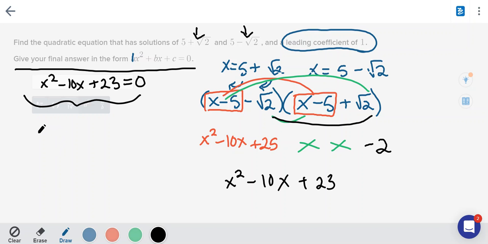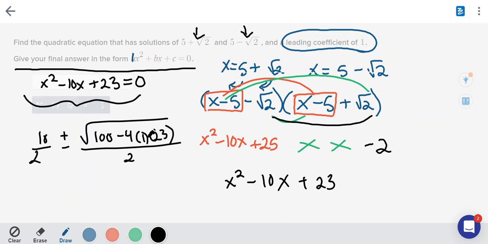You could even check it by doing opposite b over 2a plus or minus the square root of b squared minus 4ac, all over 2. Okay, so here we get 5. Let's see, 100 minus 92, so that's 8. So that's 2 root 2 over 2. Wow, it works. Okay, next question.